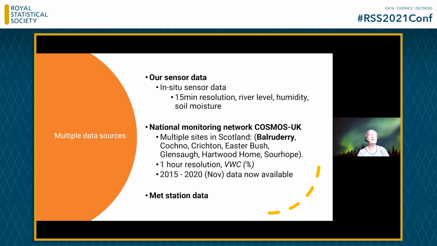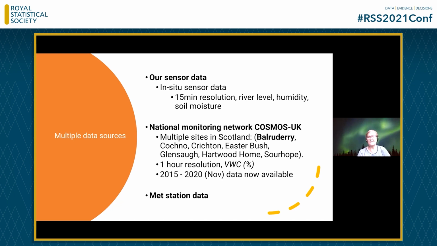We had a very significant gap in the middle of the project as we all went into lockdown. SEPA staff were no longer doing field work, so we had quite a long delay in having the sensors built and then installed. So the length of data record we have from our sensors is still quite short. We only have just over a year's worth of data.